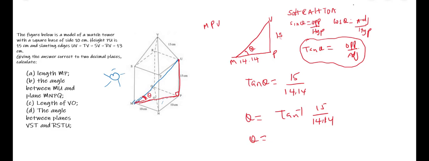So when you take your calculator, first you find 15 divided by 14.14, and the answer is 1.0608. And then you press shift, you press tan, and the angle formed is 46.69 to the nearest 2 decimal places according to the instruction of the question.